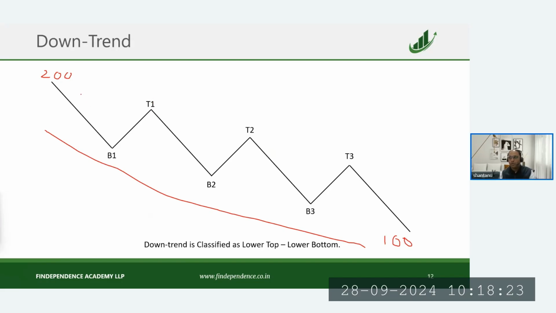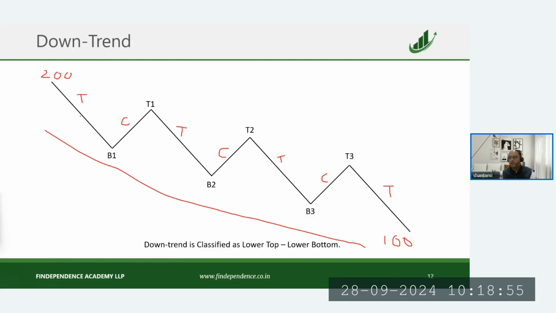So here also you have a trending move where prices are moving in the desired direction, which is down, and here in the correcting move in a downtrend, the prices will move upside, which is against the desired direction. Again, it will be followed by a trending move, then a correcting move, and a trending move. So again, a series of trending and corrective moves.